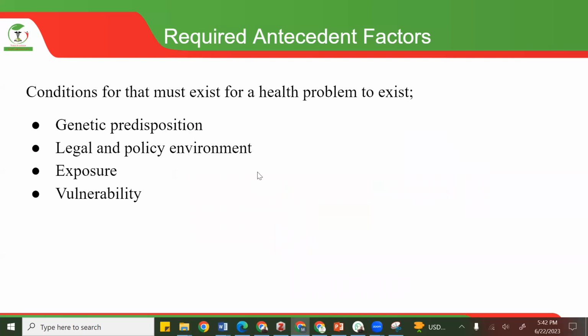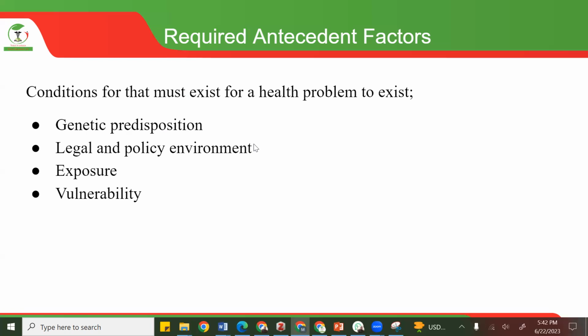So let us look at these factors and what they really mean. The required antecedent factors are those conditions that must exist for a health problem to occur. Okay, so let us say the problem is sickle cell, then there should be genetic predisposition. If the problem is about road traffic accidents, then maybe it is because the legal frameworks that regulate driving are not efficient.